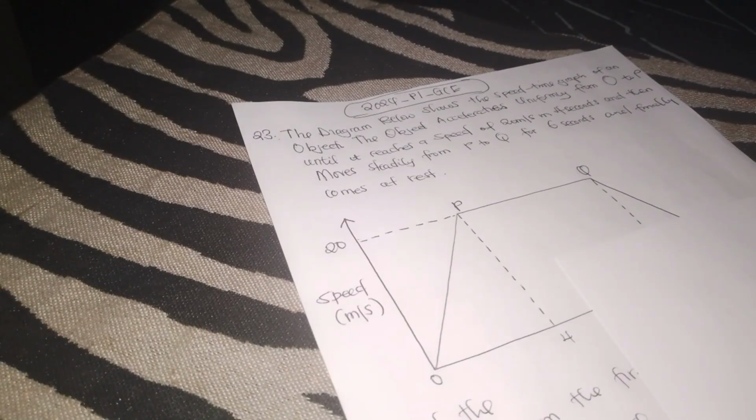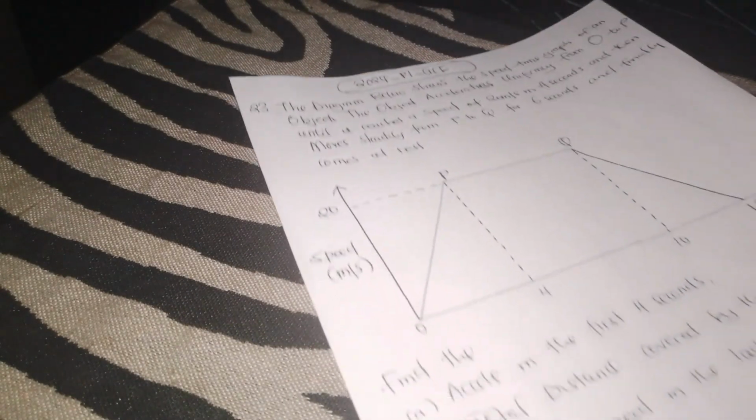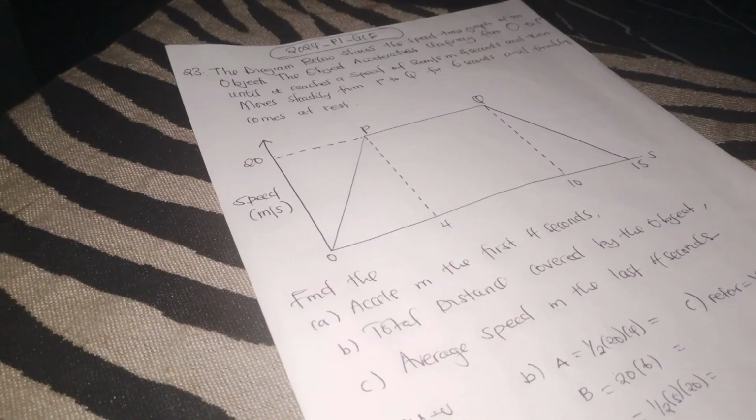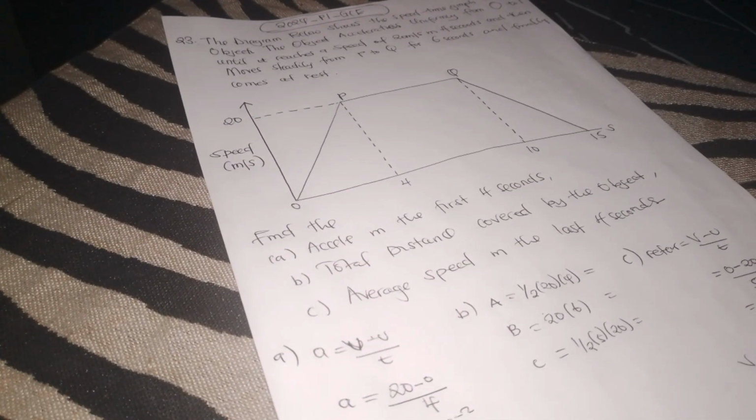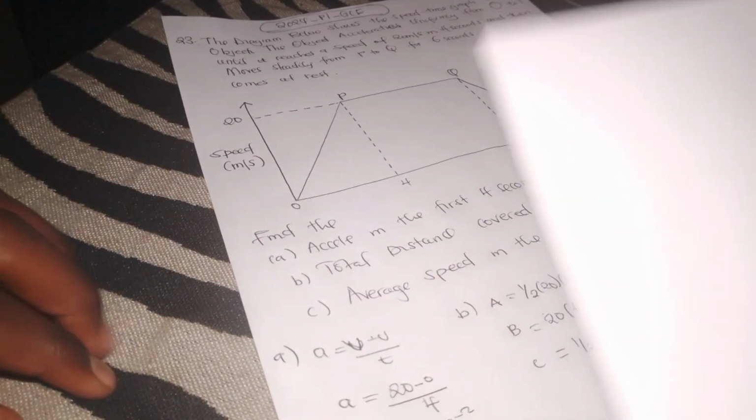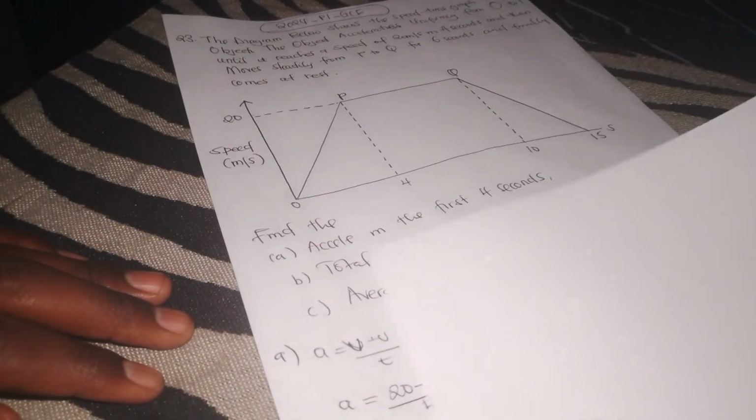Okay, so without wasting the time, let's just go to A. Yeah, so A is saying find the acceleration in the first 4 seconds. Okay, so these are very simple things.